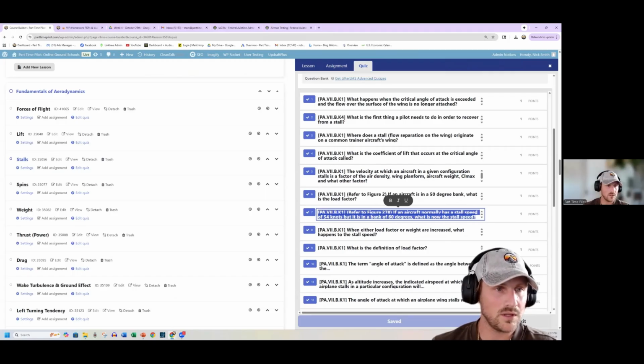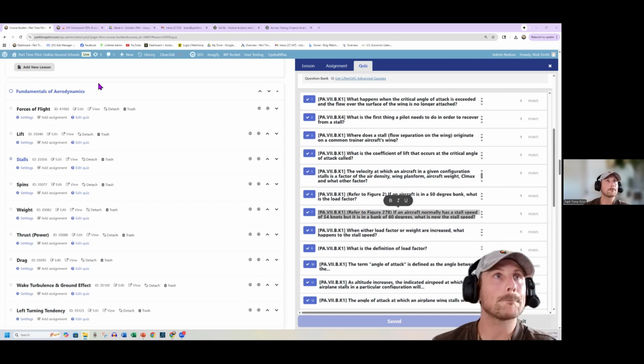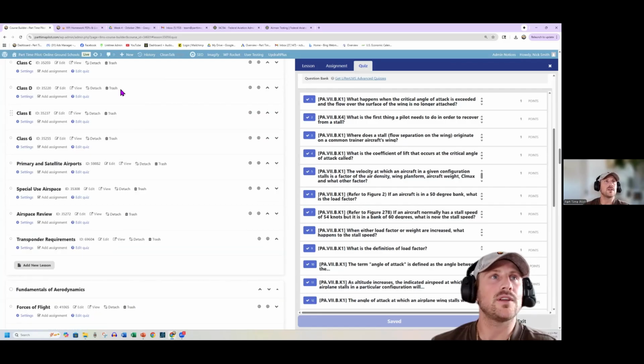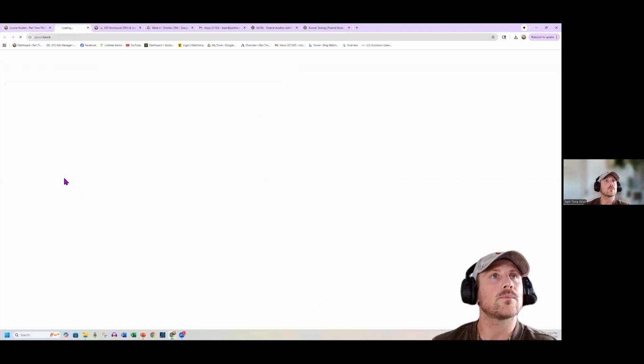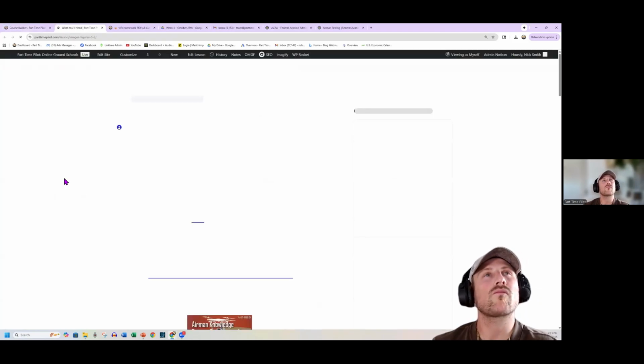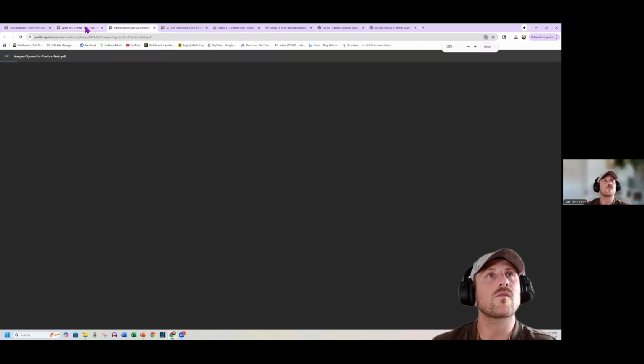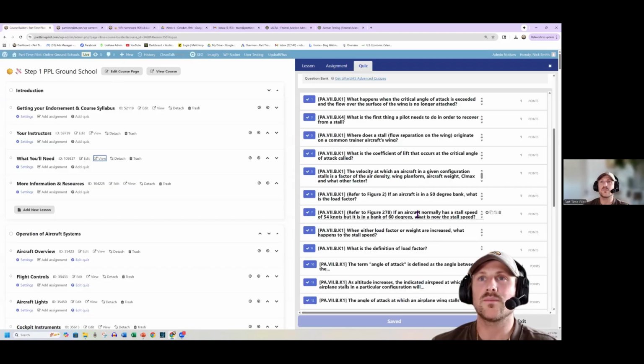Okay, so let me pull up the figure for us. Give me one moment. I keep forgetting to have that prepared for the session. All right, so it says if an aircraft normally has a stall speed of 54 knots, but is in a bank of 60 degrees, what is now the stall speed?